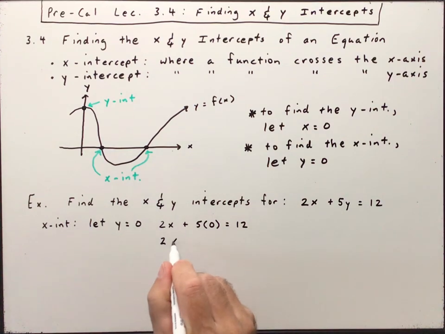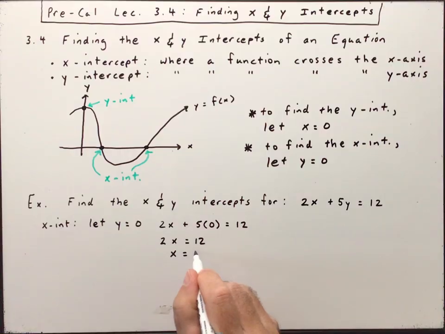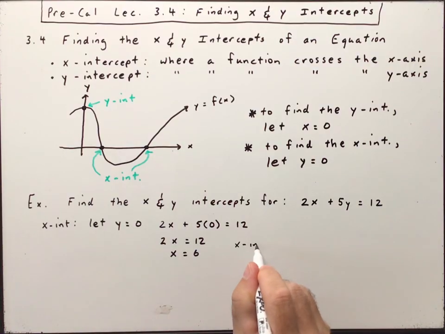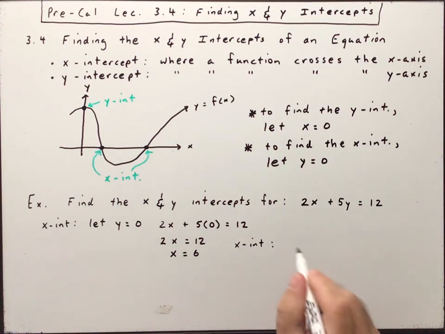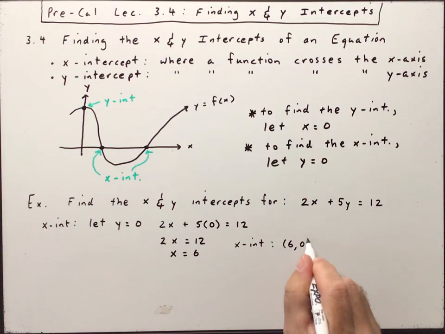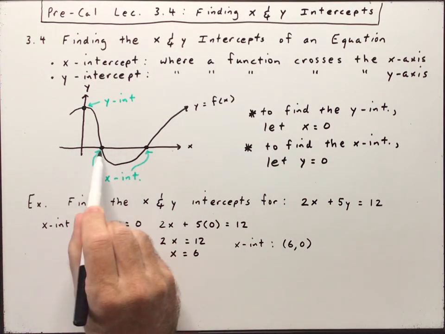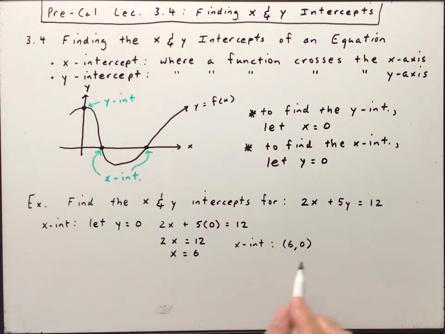So that would be 2x is equal to 12. So x is equal to 6. So the x-intercept is at the point 6, 0. Okay, because the y value at an x-intercept will always be 0. So at the point 6, 0.